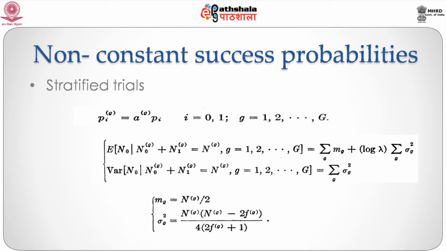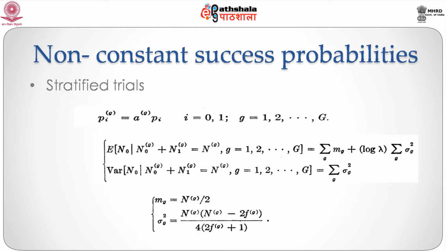So treatment comparisons are going to be made within each stratum as we have comparable subgroups. Let P_iG refer to the success probability of the ith treatment for the gth subgroup. We assume that the probabilities can be written as the product of two terms. The first term depends on the subgroup, that is alpha of G, and the second term depends on the treatment.